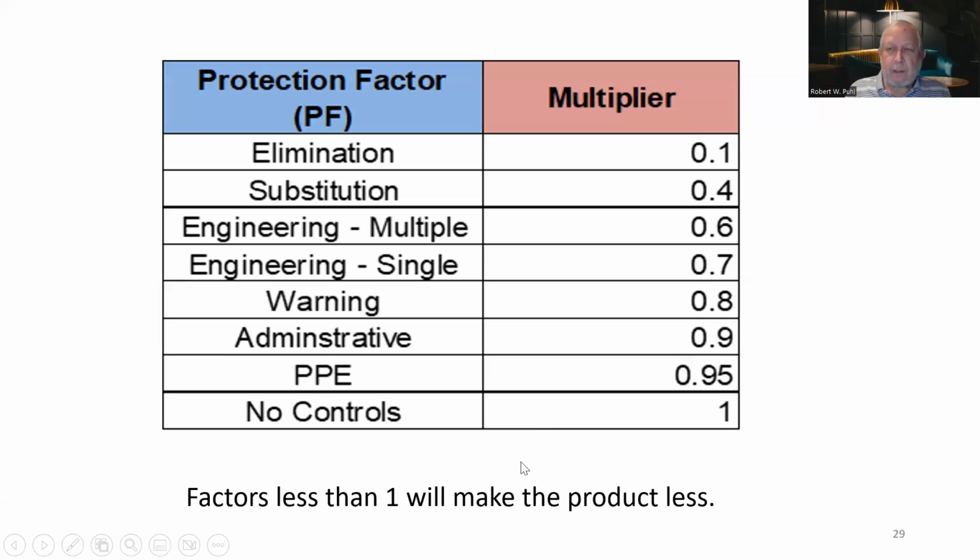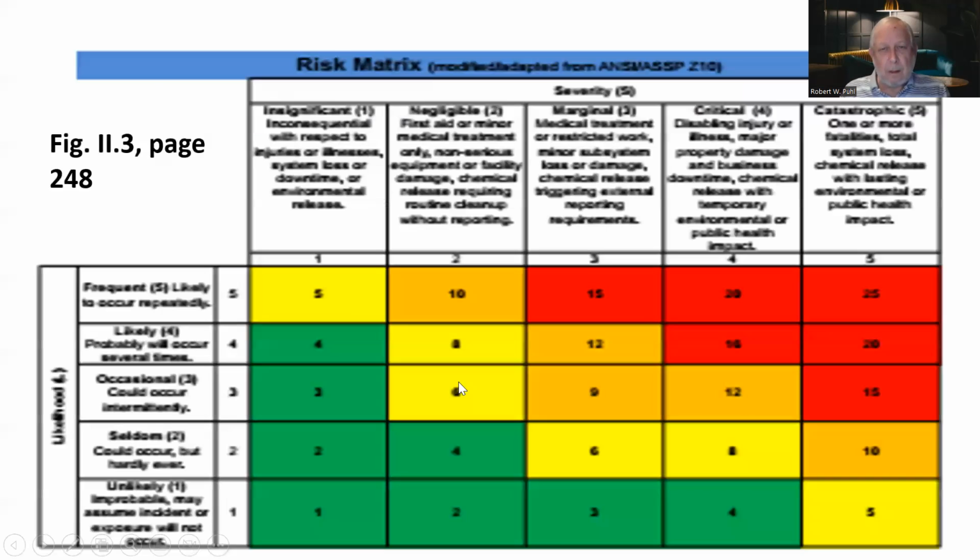We have a lot of factors in some of the ergonomic assessments. So keep in mind that the lower the number here, the more the risk goes down. So the product's going to be less.